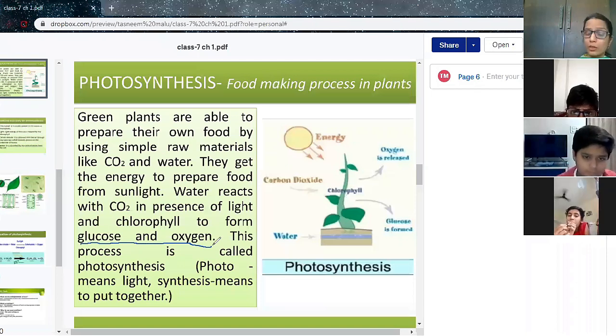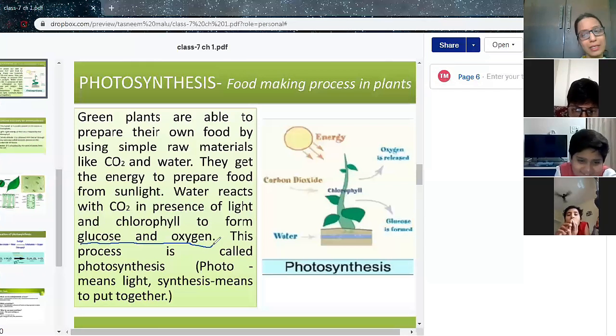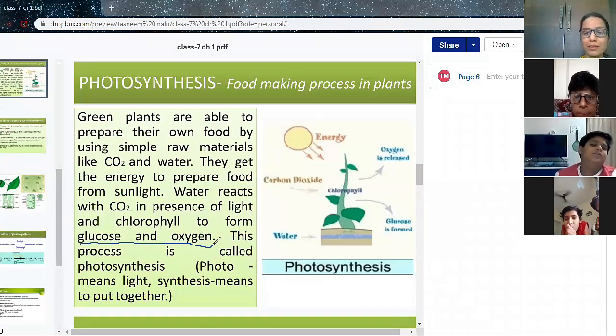Glucose is stored in the body of plants in the form of starch, and oxygen is released into the atmosphere. This process is known as photosynthesis. Why is it known as photosynthesis? Because it is synthesis of food in presence of light.